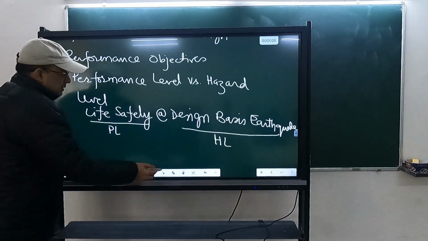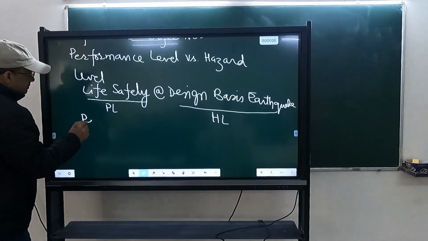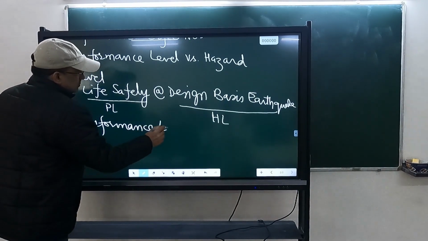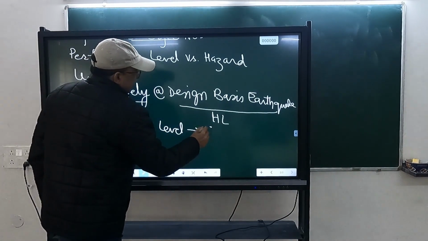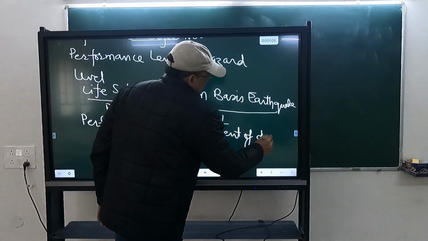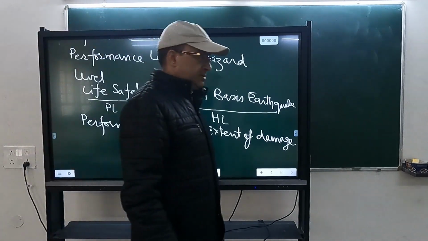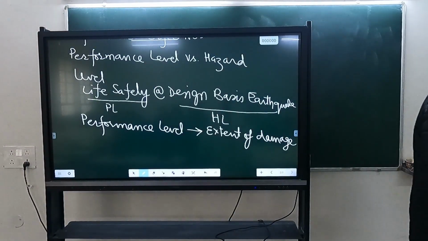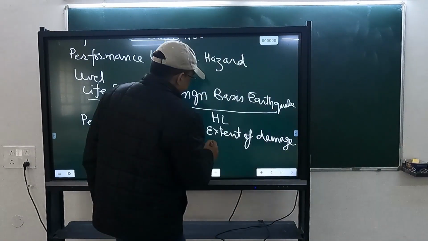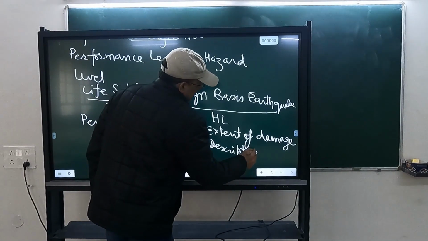Okay, so this performance level is representing the extent of damage, what extent of damage is acceptable. Okay. Extent of damage can be descriptive. You can describe what you expect.